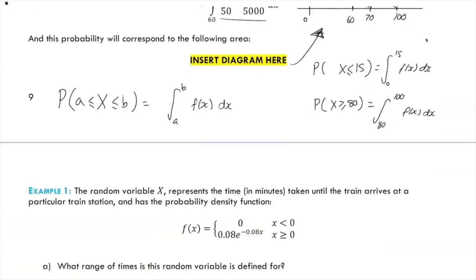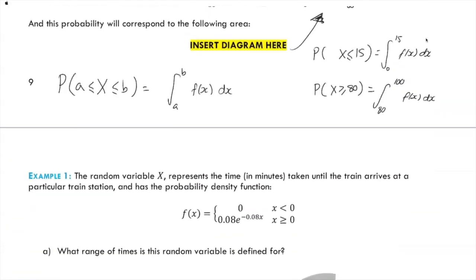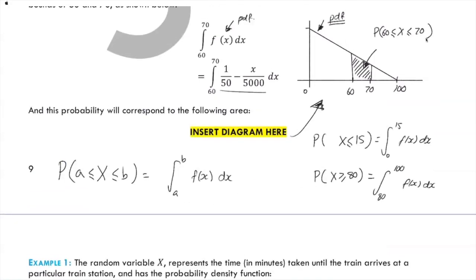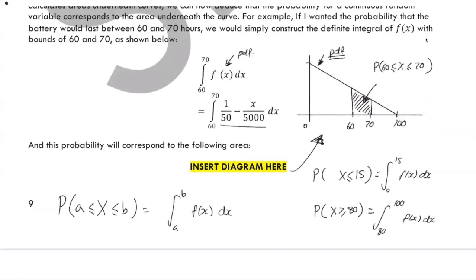That's it. Oh, actually, I do have a comment. We spoke about how the probability is given by this integral here. How does this differ from the probability x is between 70 and 60, but not inclusive?